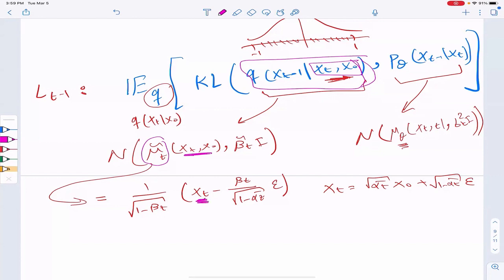It is linear in xt, and it is linear in x0. Alternatively, since I know xt and x0 are related to each other via this formula, I can replace the dependence on x0 with a dependence on epsilon, the noise added to x0 to get xt. It's an alternative formulation. So that's basically the formula for my mean. Questions?